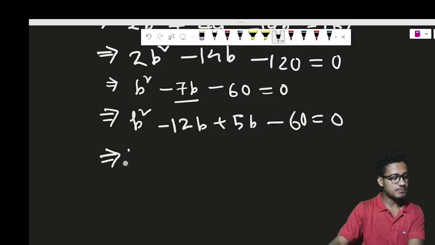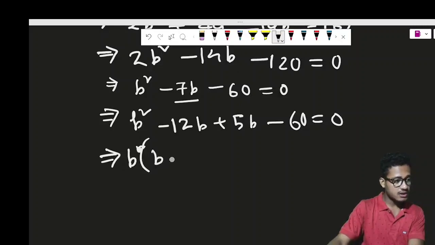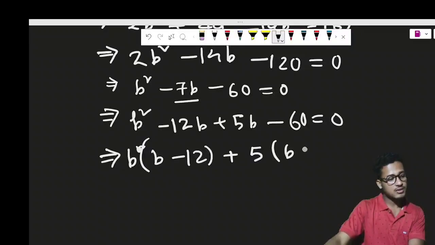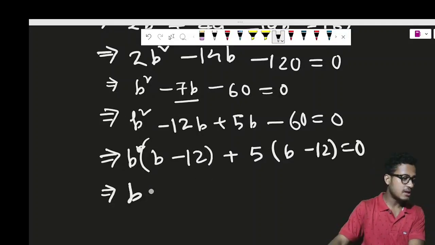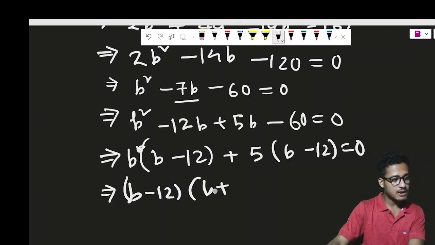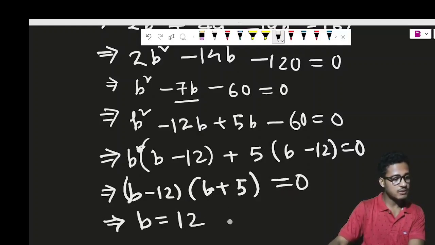Taking common, b into (b minus 12) plus 5 into (b minus 12), so (b minus 12) into (b plus 5) is equal to 0, and this will imply b is equal to 12 or b is equal to minus 5.